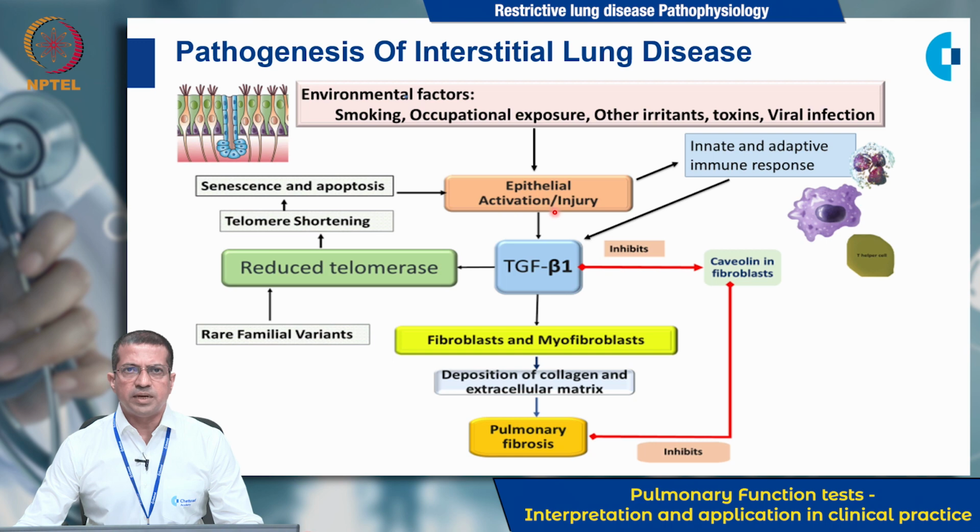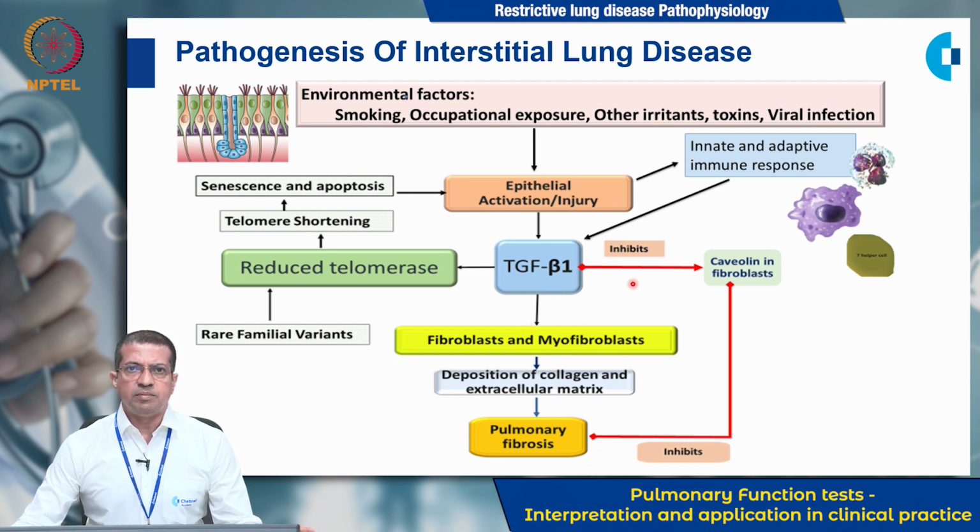So, when the epithelium gets injured or some antigen is exposed, inflammation is triggered. The innate and the adaptive immunity are triggered, and these inflammatory cells will start to produce one very important chemical mediator called transforming growth factor beta. This transforming growth factor beta can activate fibroblast and myofibroblast cells and thereby can cause pulmonary fibrosis.